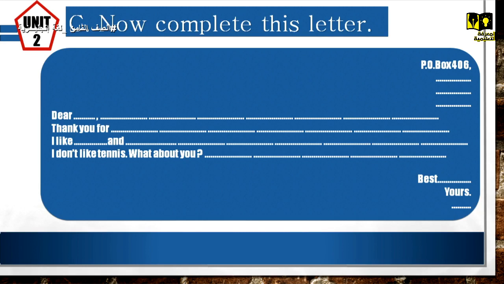And here you write your name. So, usually when we're writing a letter, we call it an informal or friendly letter, right? We have two types of letters. We have formal and informal, right? Informal, or official, the other type of letters.